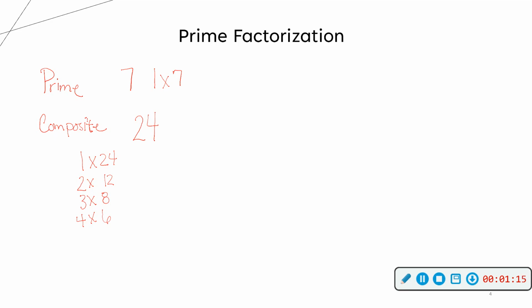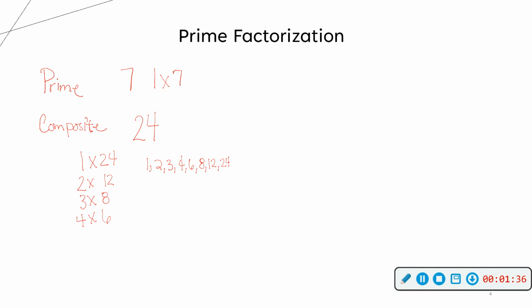Each one of these represents a factor of 24. So 1, 2, 3, 4, 6, 8, 12, and 24 are all factors of 24. That's important to know when we're doing prime factorization.